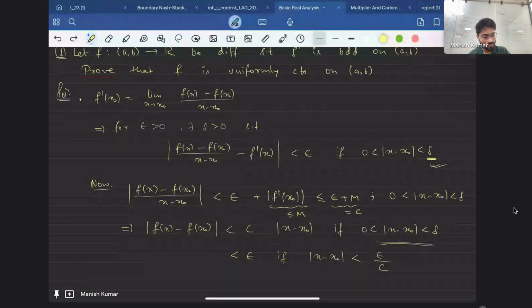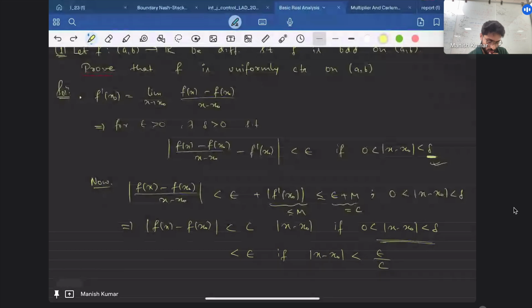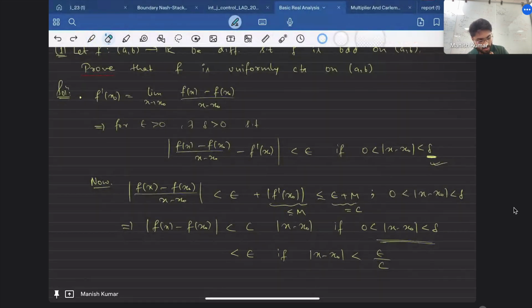Okay, so you should not forget this. Anyway, I think this approach you'll have to change a bit probably, and then you can get the answer, I think. Okay, but I'm not sure how to do that. But at this point, it is clear that this solution is not going to help in this way, directly using the definition probably. Okay, so let's write the solution that I know.